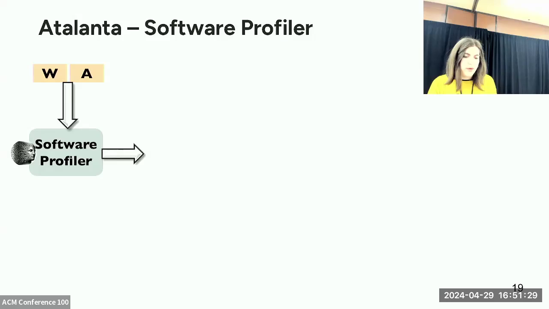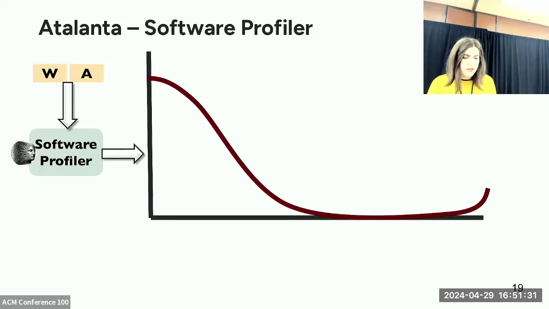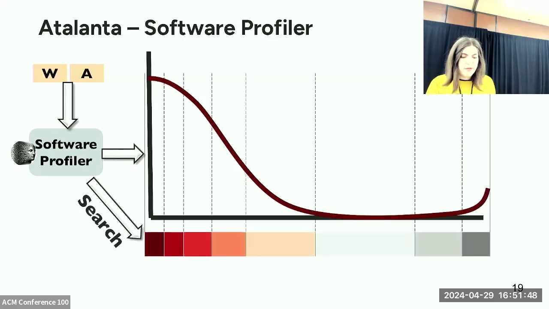It takes a weight or activation tensor and generates a histogram of values. Then Atalanta runs a simple algorithm to search for the sub-ranges iteratively. It basically says, if I'm going to encode numbers as base plus offset, with the offset stored directly, find me the sub-ranges that lower the total footprint, with sub-ranges that are not necessarily equal.